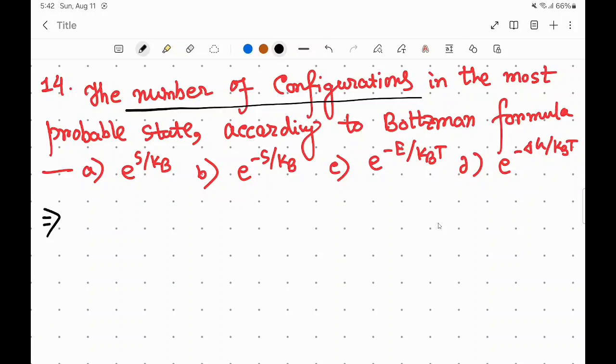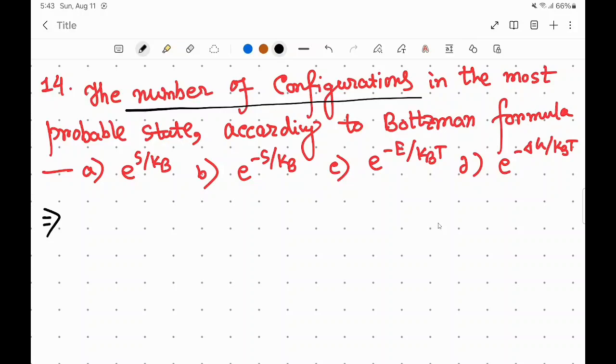Boltzmann means Maxwell-Boltzmann distribution, that means they are distinguishable. It's not related with that even.